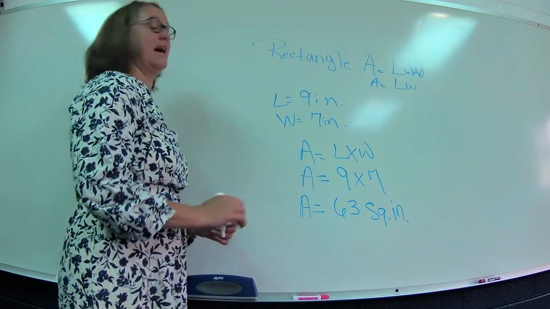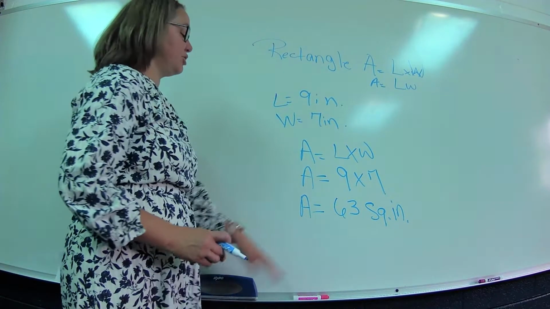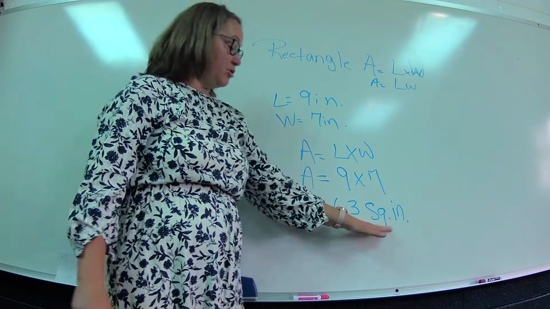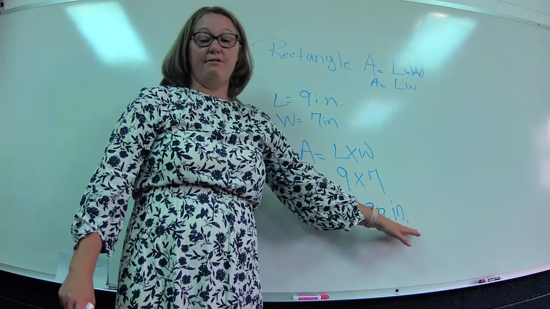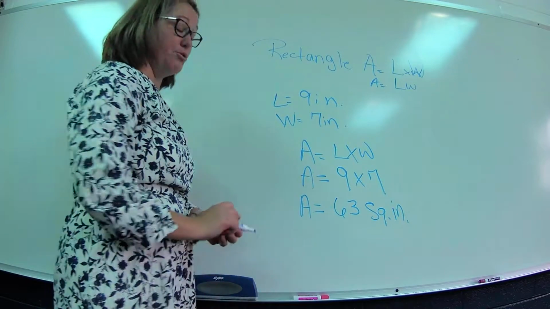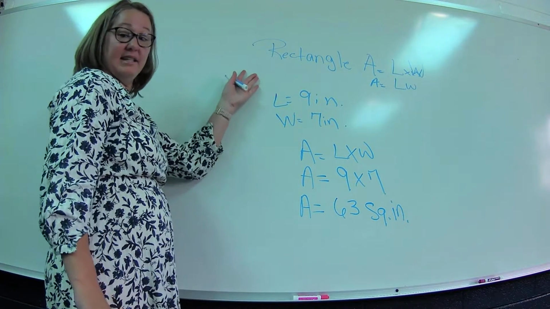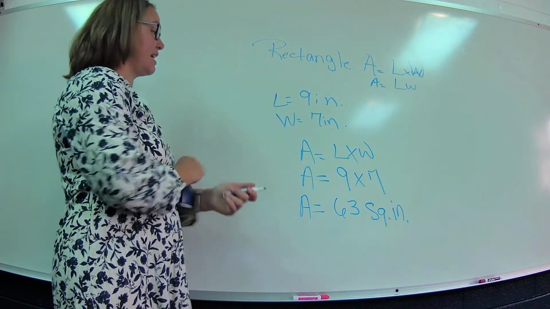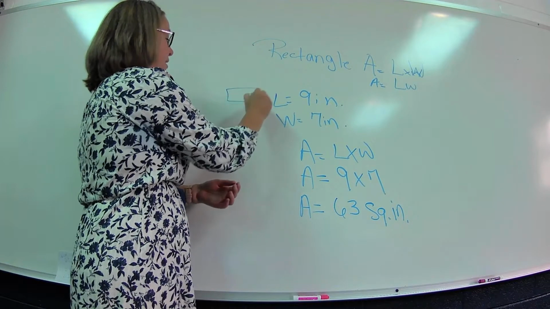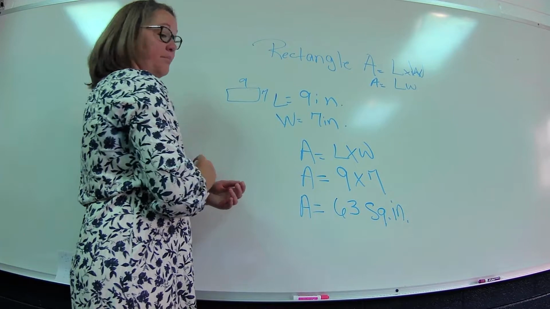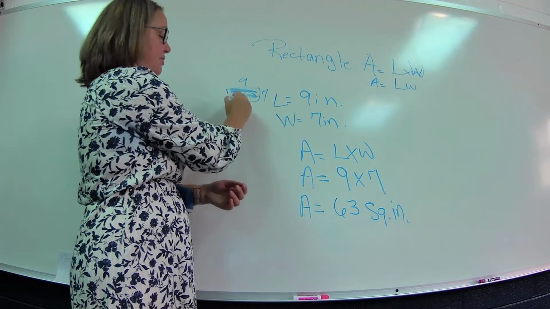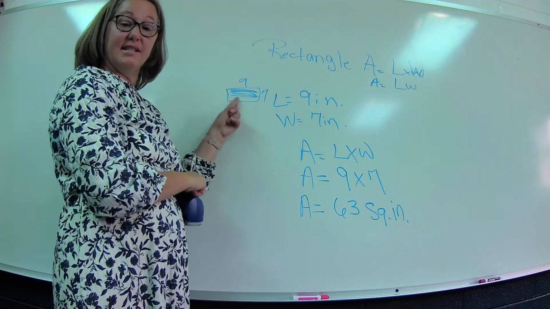We'll get to that a little later. But just so you know, in area you answer in square units, and you must put the unit of measurement. So for the area inside this rectangle that was 9 by 7, there's 63 square inches inside.